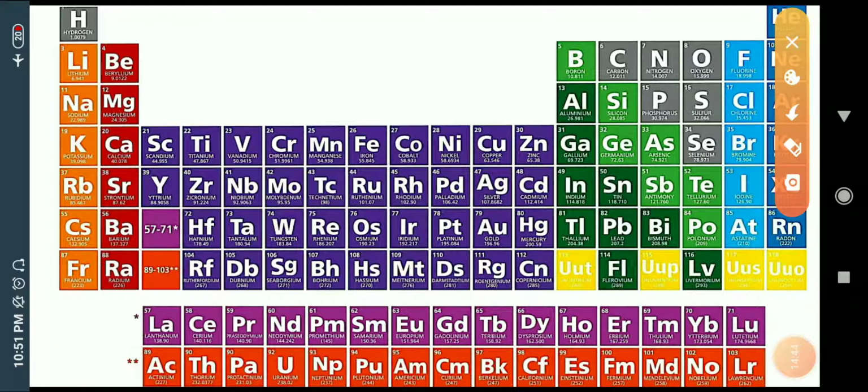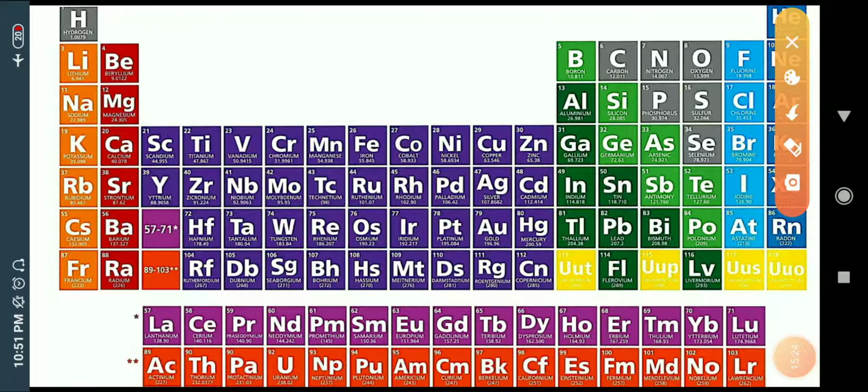So listen, on the right side P block is present. All these diagonal elements and these three elements are metalloids. In the case of p block, all the dark green elements are metals and all the light gray elements are non-metals.